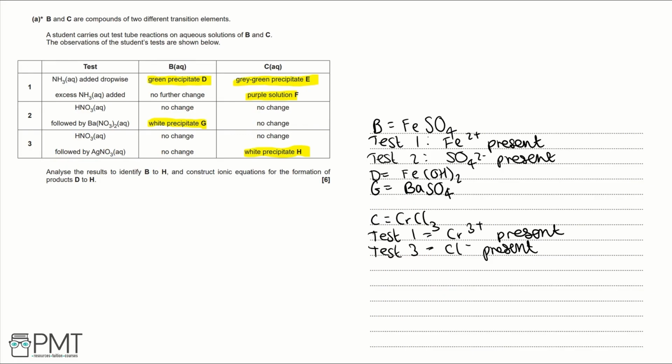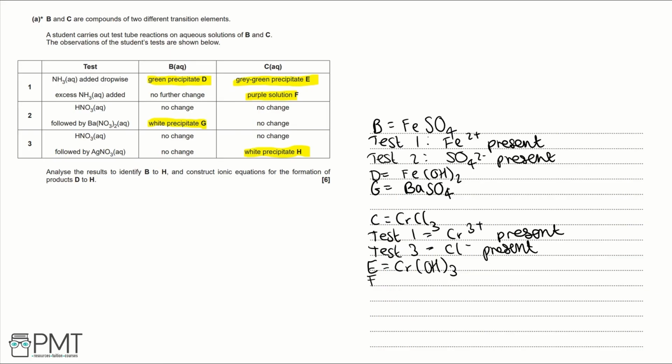Then we need to look at E, F, and H. Looking at E first, similar to B, we have Cr(OH)3. Rather than 2 OH minuses, because iron has a 2+ charge, in chromium we have a 3+ charge, so we need 3 OH minuses to balance this.